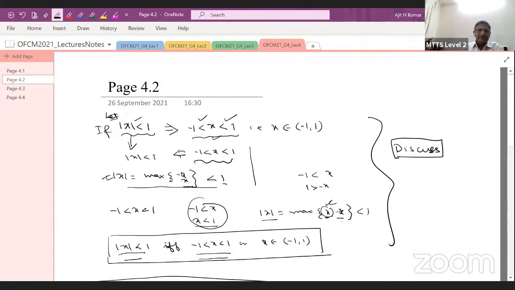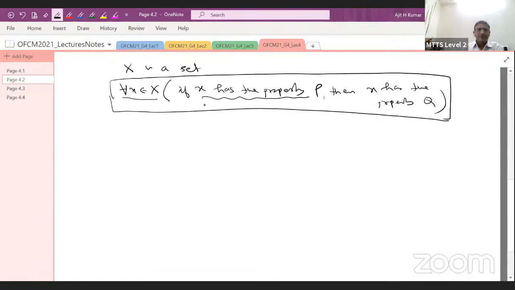This says that for every real number x in X, if the absolute value of x is less than 1, then this implies this. So in general, this is how we can write it. This is your conclusion about every x in X.